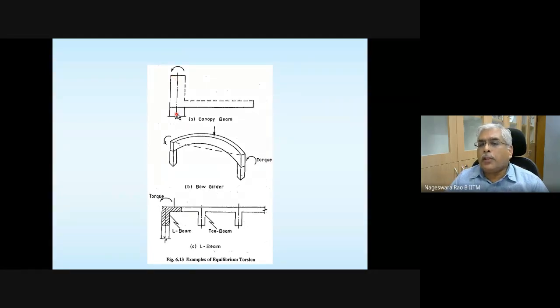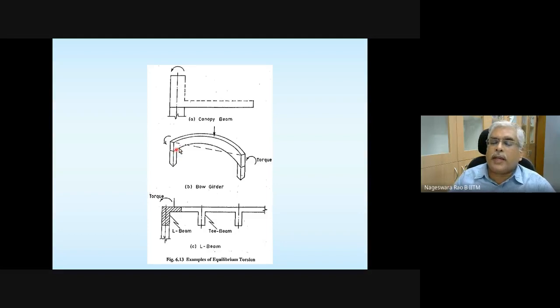Suppose you have a beam here and you have a cantilever slab or something like that, a canopy. So this beam is going to be subjected to some torsional moment or torque, because this load is going to be eccentric with respect to the CG of the beam. Similarly, for architectural considerations, you may go with a curved beam or something like that.